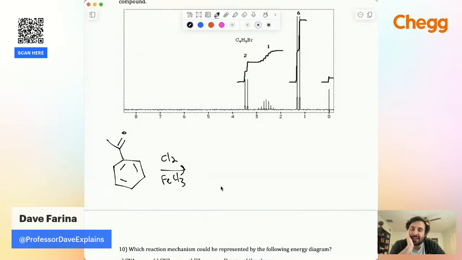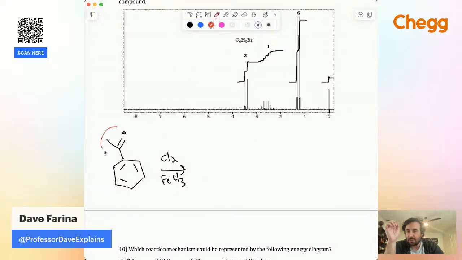So just off the top of my head, we need to memorize conditions for chlorination, bromination, nitration, alkylation. There are different types of EAS reactions we can do, and when we do them on monosubstituted aromatic compounds, we have to consider the directing effects of the functional group that's already on the molecule.